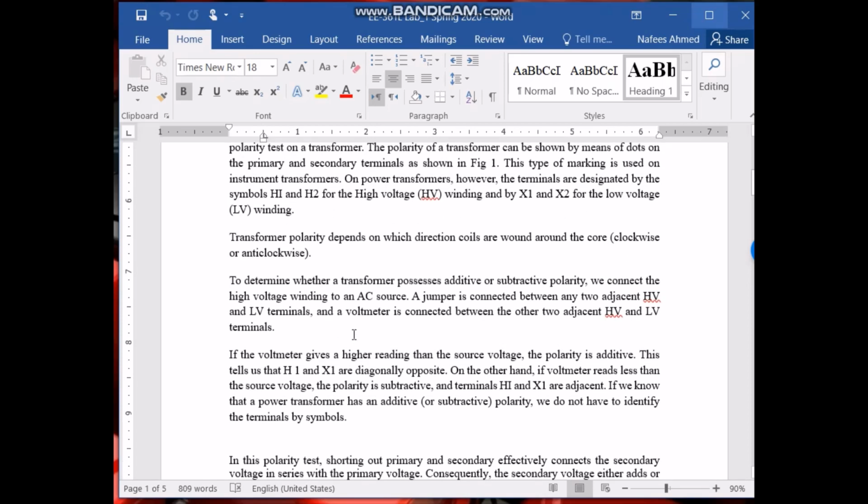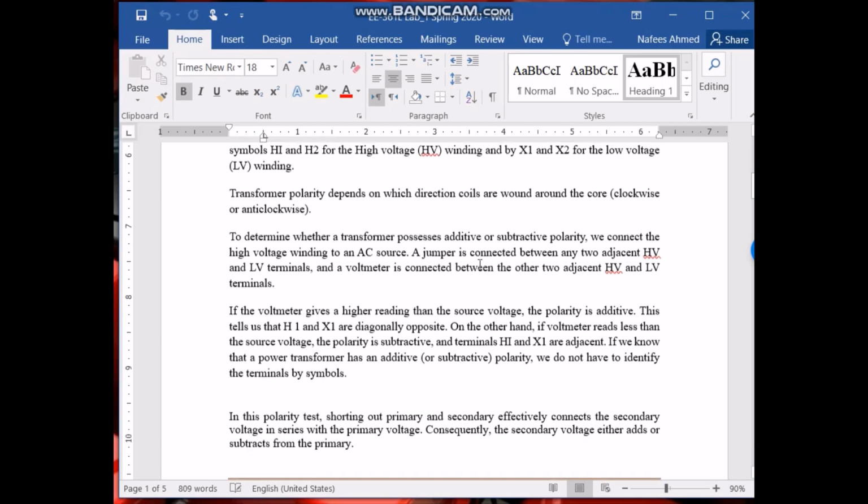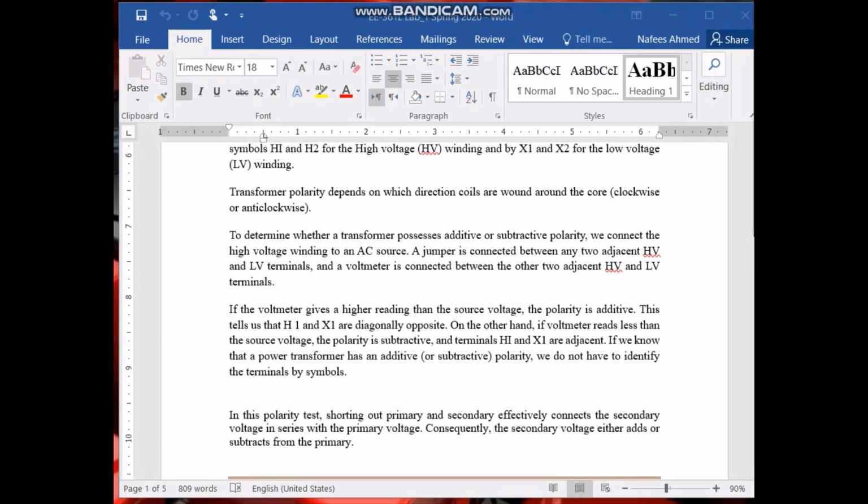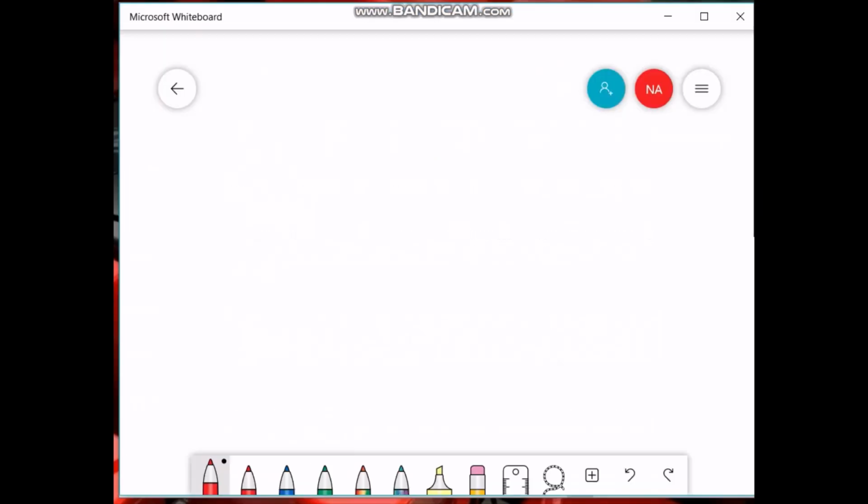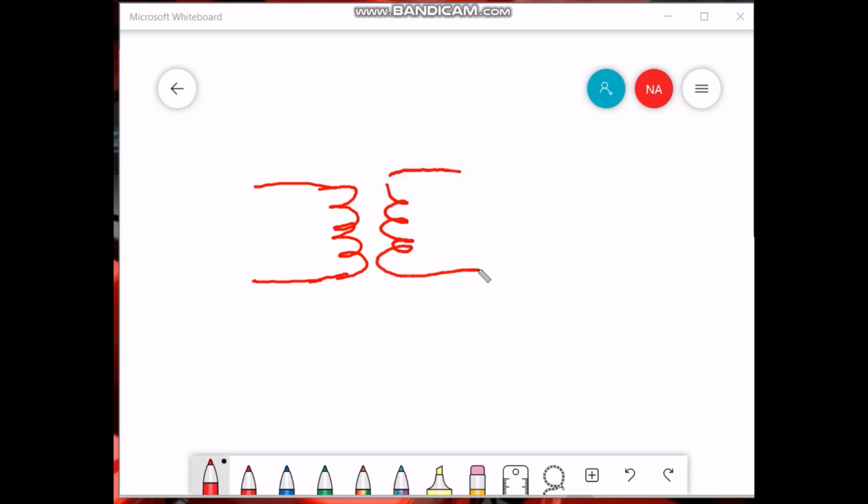Let us look at how. As you know, a transformer has two windings, right?